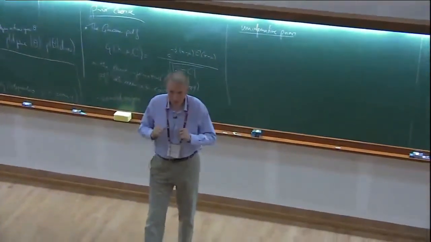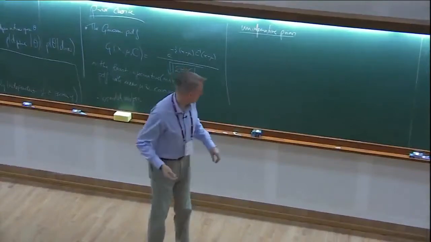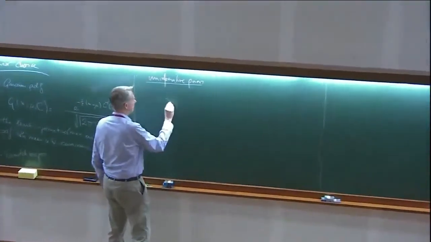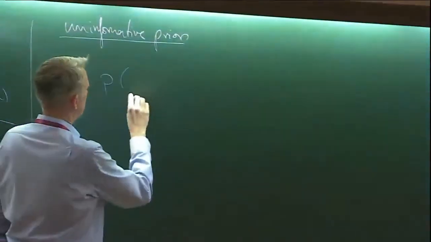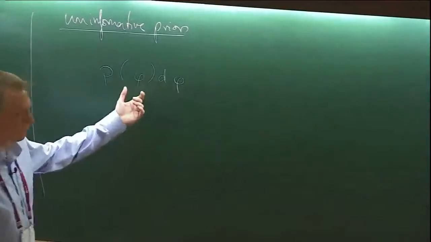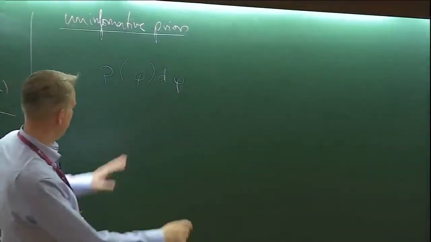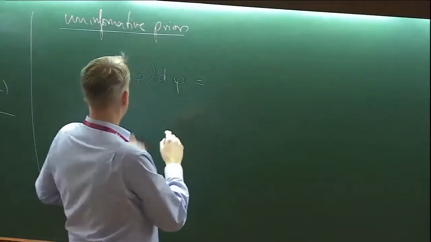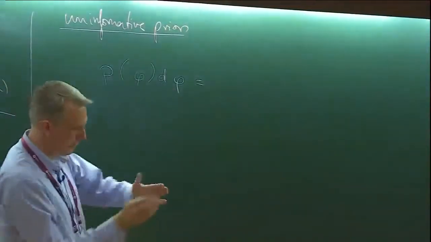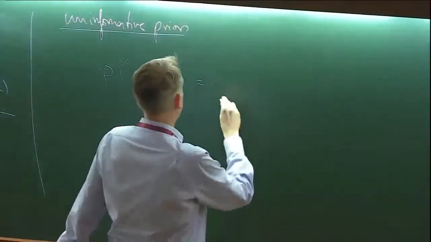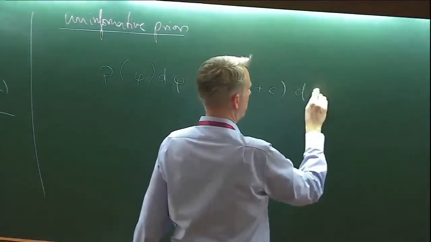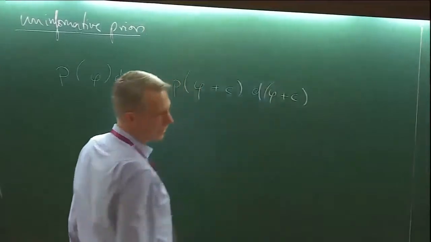And so then I can solve the problem. I want to find a PDF, p(phi), such that the probability of the direction being in any particular direction, which is the probability density times the size of the range, is invariant under that group transformation.